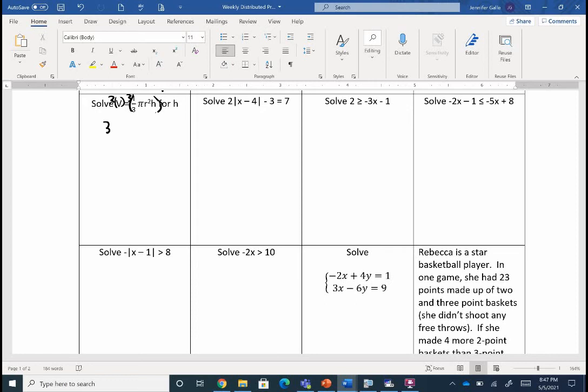So we're going to have 3 capital V equals pi r squared h. And then to finish getting the h by itself, we have a pi times r squared times h. So to undo all the multiplying, I'm going to go ahead and divide by pi r squared.